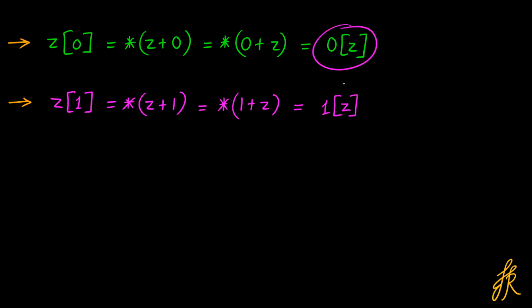This notation may seem overwhelming, but it's easy. So star of 0 plus z, or the same thing, star of z plus 0, that is z of 0.